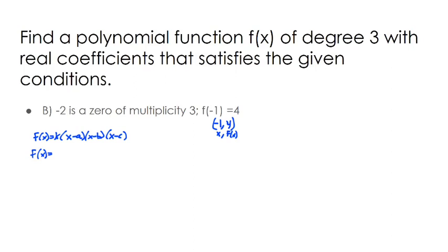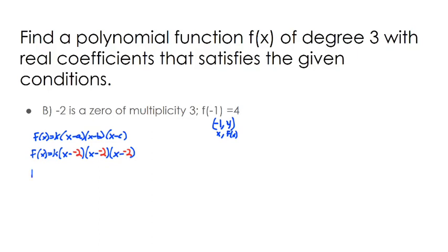If I have f of x equals k times (x minus our zero of -2) times (x minus another zero of -2) times (x minus a third zero of -2). Because it has a multiplicity of 3, that means we see it 3 times. Okay?